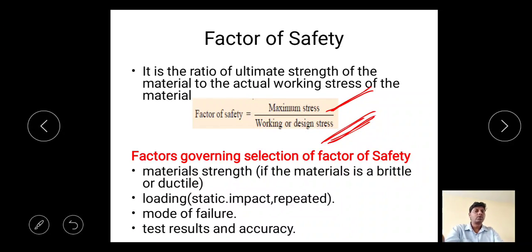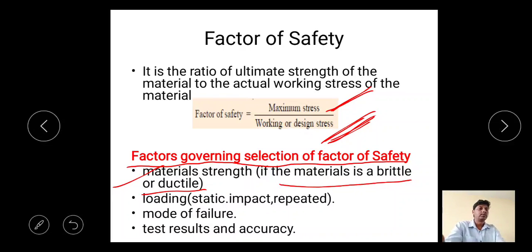Now, what are the factors affecting the factor of safety? First, material strength, whether it is a brittle material or a ductile material. Brittle is nothing but it will easily break into pieces, whereas ductile means you can convert it into thin wires also.